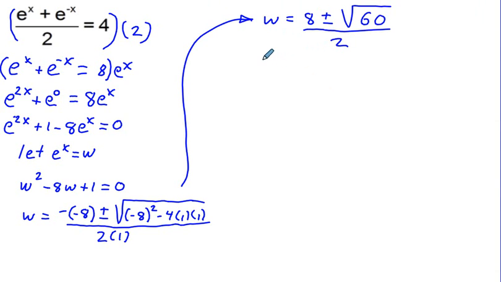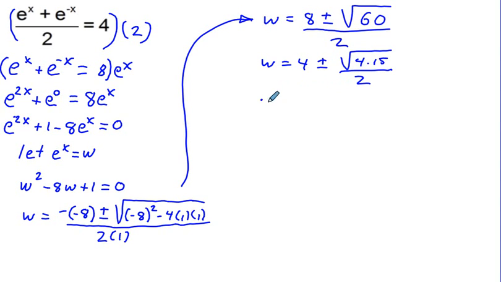And I'm just going to do some simplification. 8 divided by 2 is 4, and we have plus or minus. I'm going to rewrite 60 as 4 times 15, and that's going to be over 2.